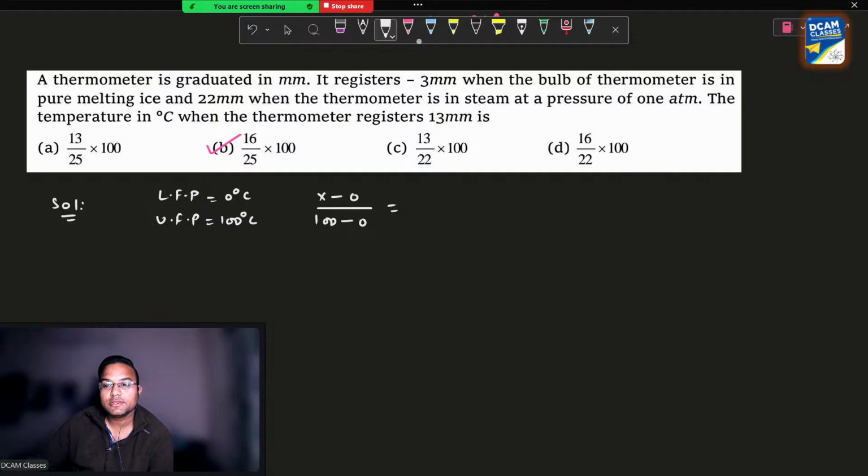Thermometer is in steam at a pressure of 1 atmosphere. It registered -3 and the bulb of thermometer is in pure melting ice. Okay. So P0 for new scale is -3 mm and P100 is 22 mm.